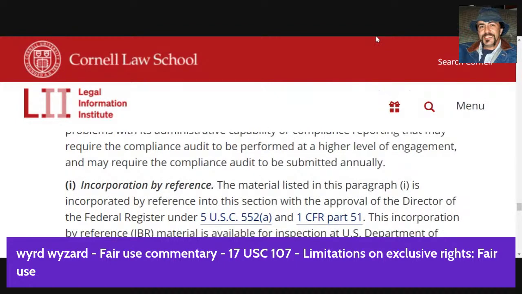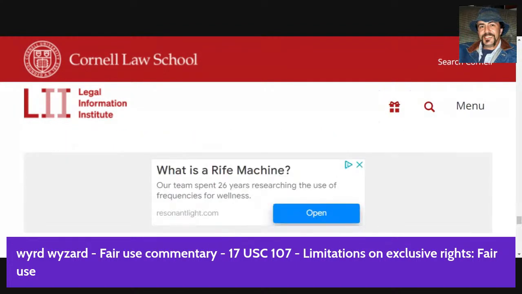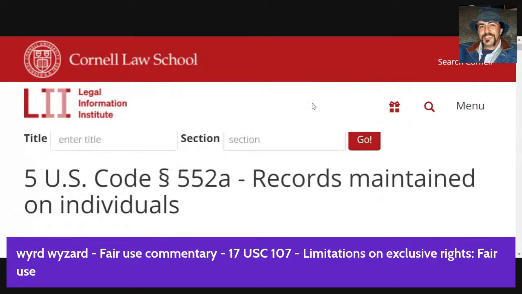But let's look at 5 U.S.C. 552a. And that's those records maintained on individuals. Just a comparison. It's not the same thing, but it's a comparison I wanted to show you.